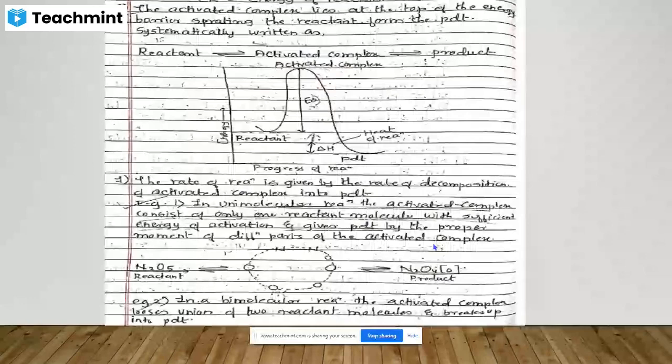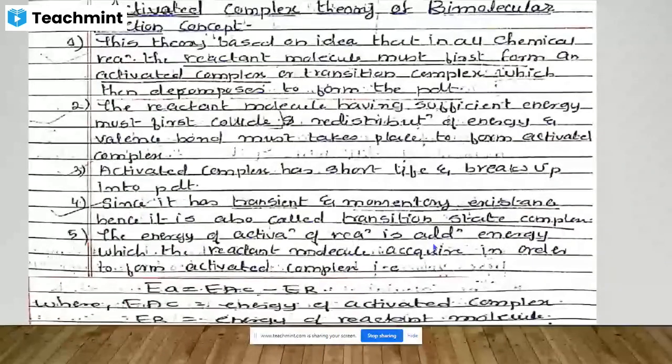These notes have been provided to all the students, and in them we have mentioned all the important points. This theory is based on the idea that in all chemical reactions, reactant molecules must form an activated complex or transition complex, which then decomposes to form the products.